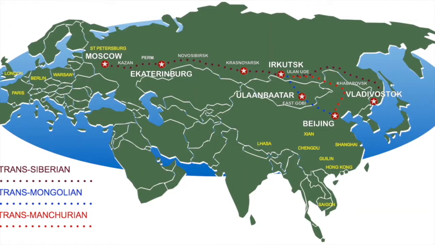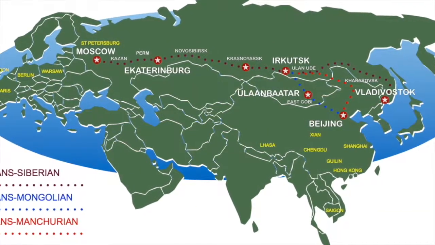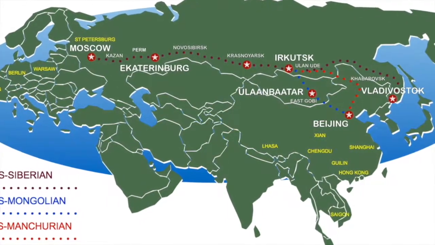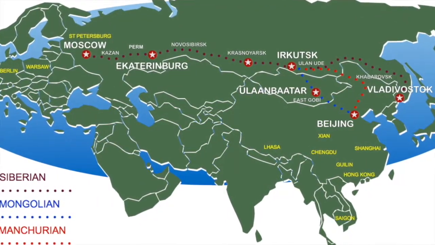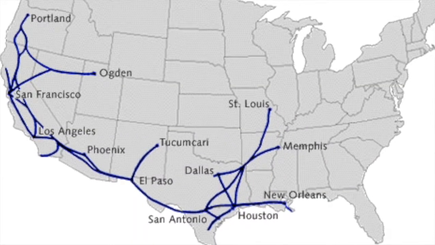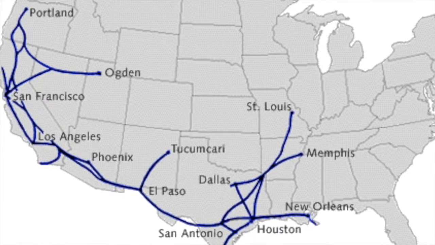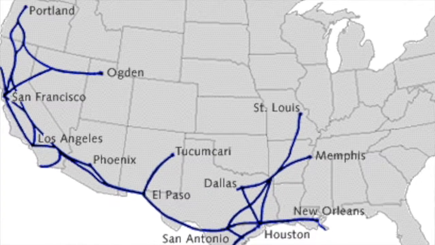Long-distance railways were built, such as the Trans-Siberian Railway connecting Moscow and Vladivostok, 9,288 kilometers, or the Southern Pacific Railroad in the United States, 21,739 kilometers.